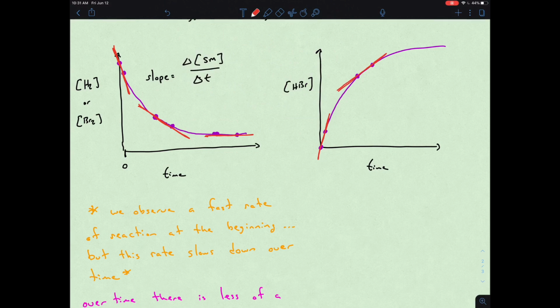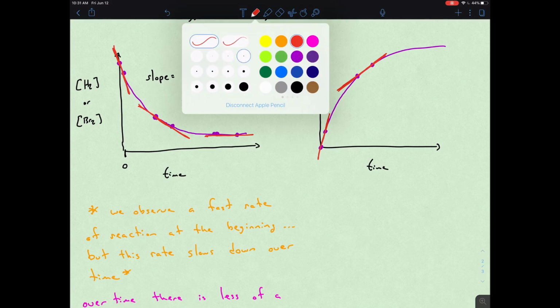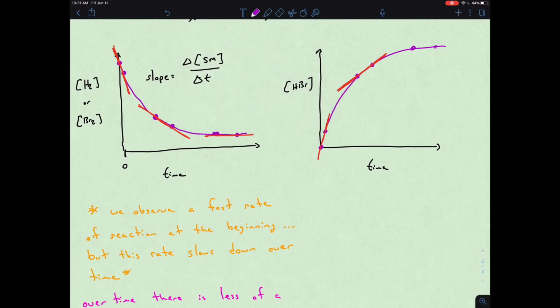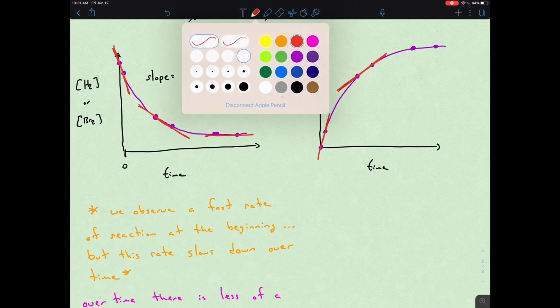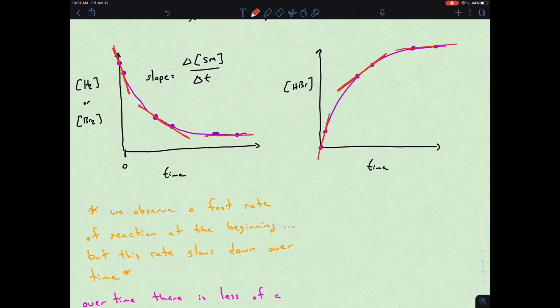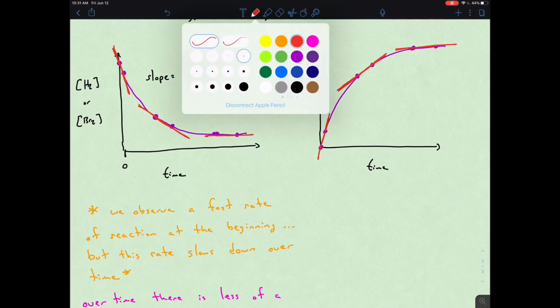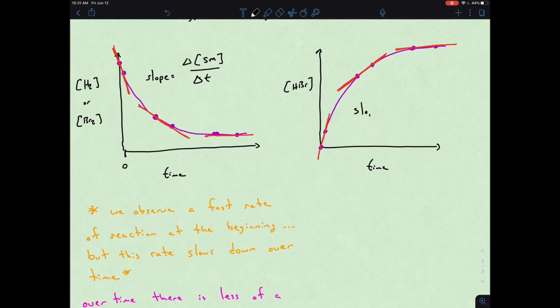Again, if these are tied to one another as far as our starting materials and our products, we find that not only do we see a decrease in rate of consumption of the starting materials, but we also see a decrease in the rate of our product production over time. And so realize that this slope is equal to the rate.